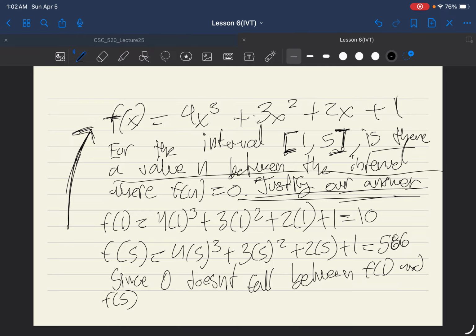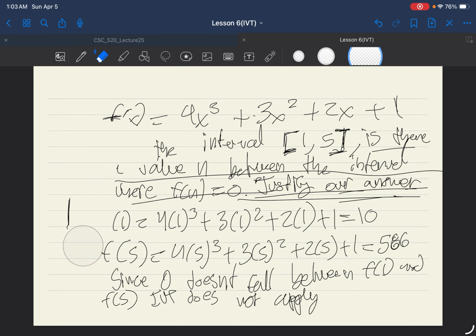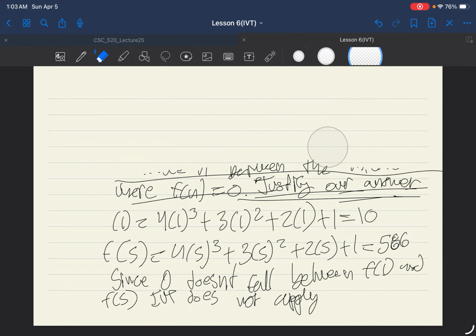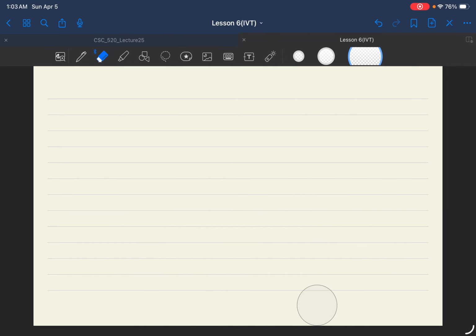If yes, justify your answer. For this purpose there is no if yes, so we'll just justify why it's not. Since 0 does not fall between f of 1 and f of 5, IVT does not apply, and therefore it is not on this interval, because as we can see, it's an increasing function.